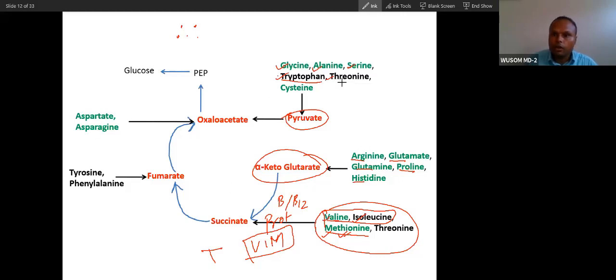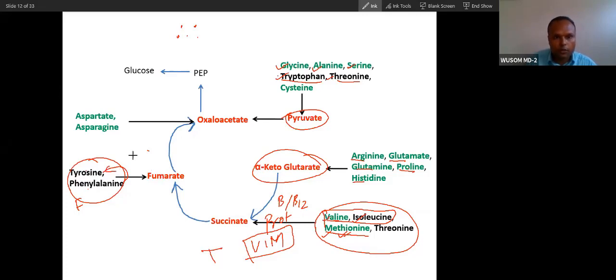Here you can see phenylalanine and tyrosine, with just one hydroxy group difference. F for phenylalanine, F for fumarate, and tyrosine is a product of phenylalanine.